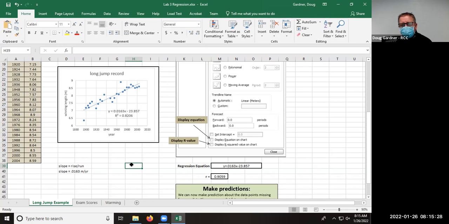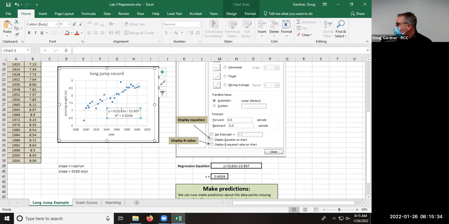Right? Excel did that when you clicked the button and then you just copied it. Yeah, that's exactly right. Excel gave me this for free, which is what your calculator does when you say, I want to do linear regression. It gave you the equation of the line that models this data. And this is just Excel's way of doing it. And because the R value is just the R squared.